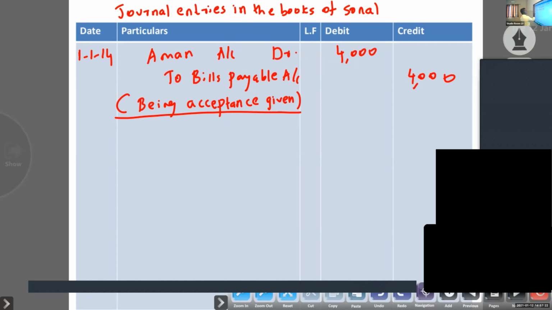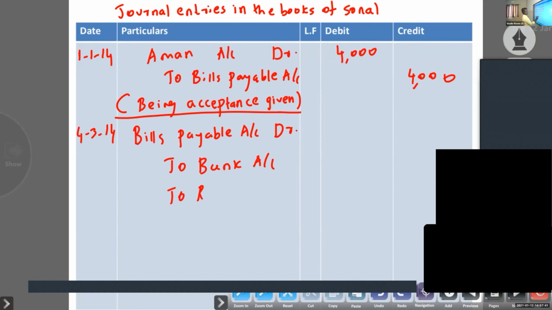Then 4th March, bill retired. So in the books of drawee, bills payable account debtor to bank account, to rebate account.